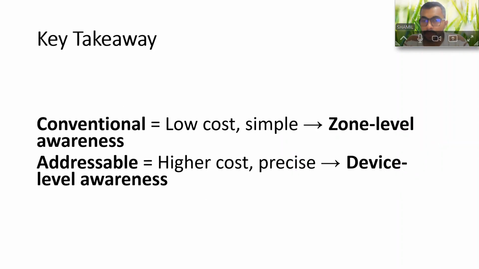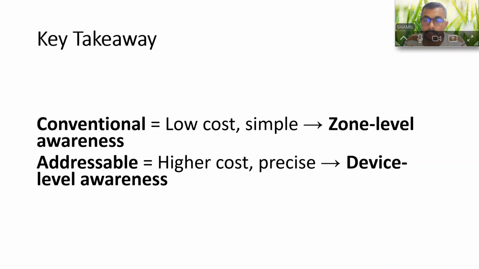The key takeaway is that the conventional system is cheap and simple. If you want zone-level awareness and your building layout is simple, then the conventional system is suitable for you. With the addressable system, the cost of the panel is very high, and the information provided by the addressable panel is precise, so you get device-level awareness.